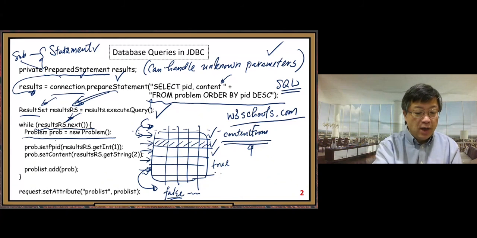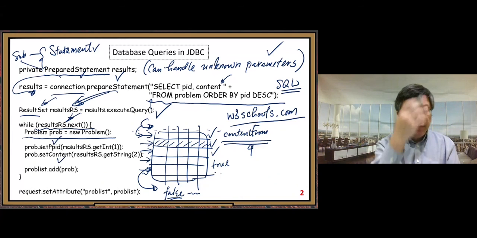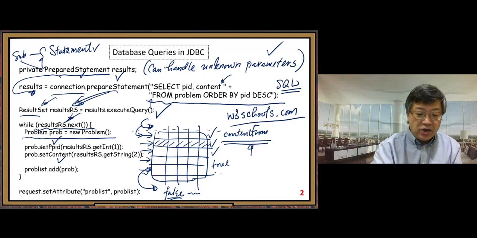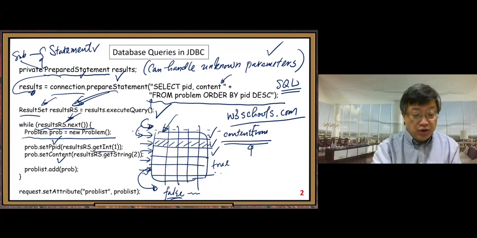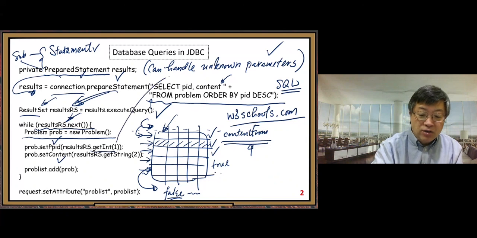Here we have two properties, PID and content. For PID we use getInt, because the first field's type is integer and it corresponds to the first field, PID.